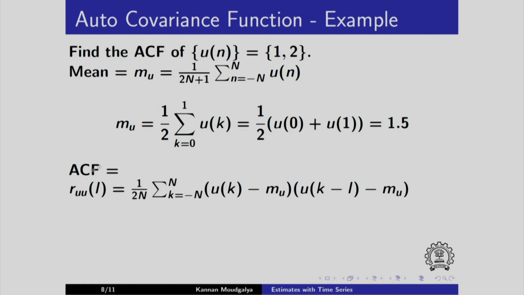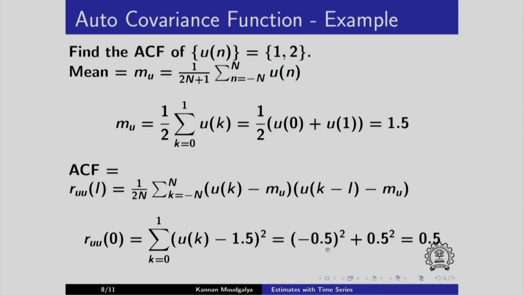Let us now apply the formula for r sub uu of L, which is given here. For r uu of 0, that means L is 0, then you have u of k here also, and here also u of k. As a result it is u of k minus m u, whole squared, and k takes the values of 0 and 1.